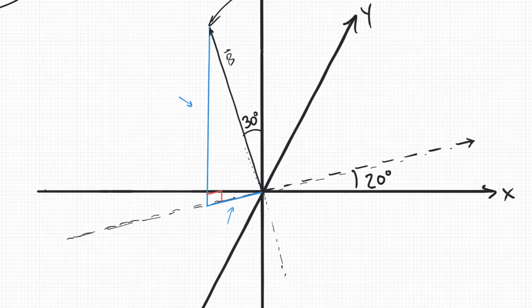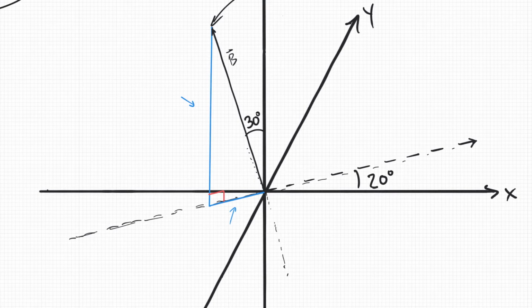What I'm going to do is, I don't want to work with 30, I just want to work with this 60 right here instead. I could work with this as 30. It doesn't really matter, either one that you want. Let's work with the 30 because it's given. We don't need to erase that.